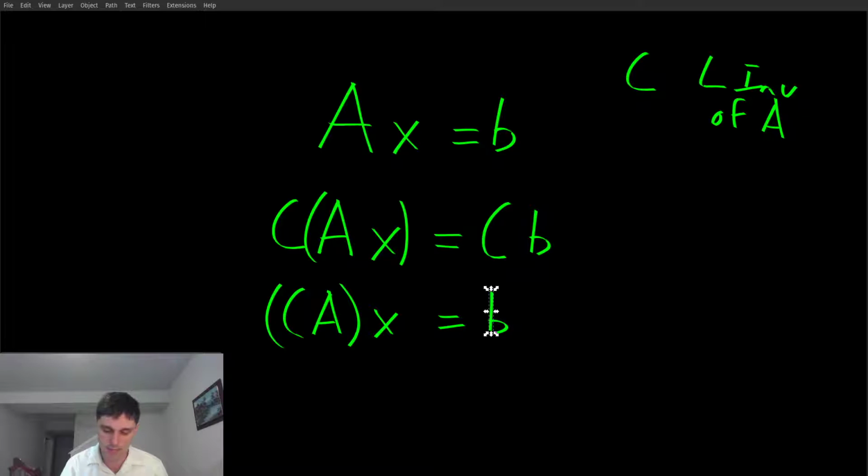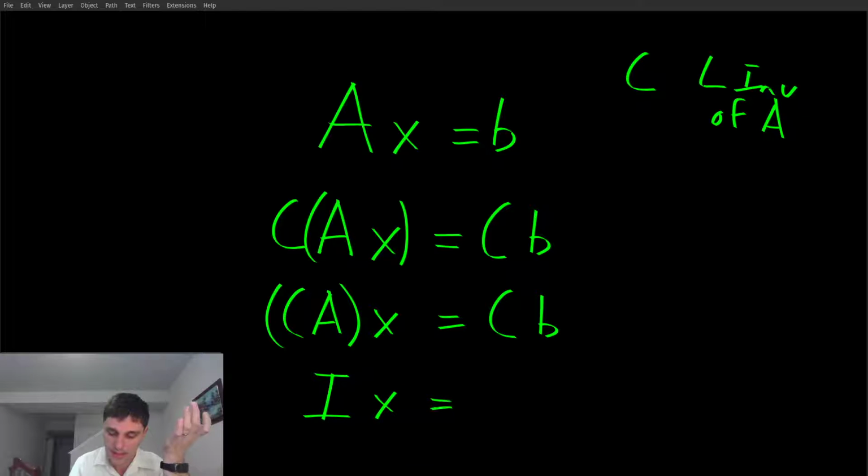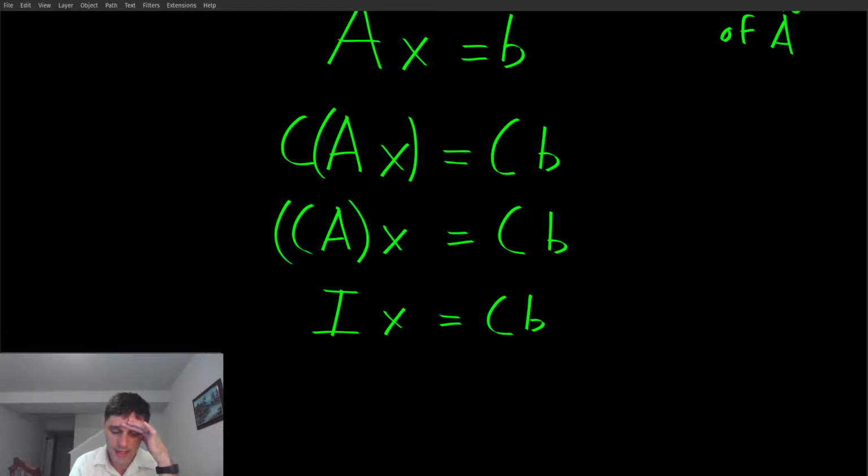I got distracted by thinking about the parentheses and how my C's look like parentheses. So now I get CAx is equal to Cb, and CA we said is the identity matrix, so now we have Ix is equal to C times b. And I times x is just x, so x is equal to C times b.